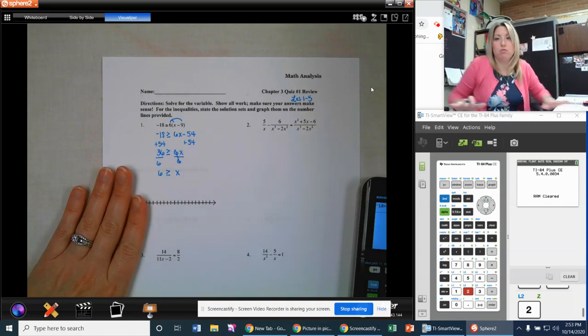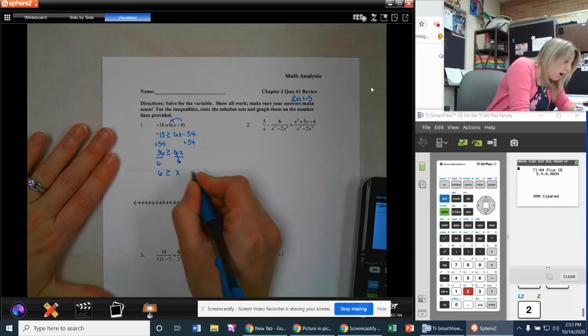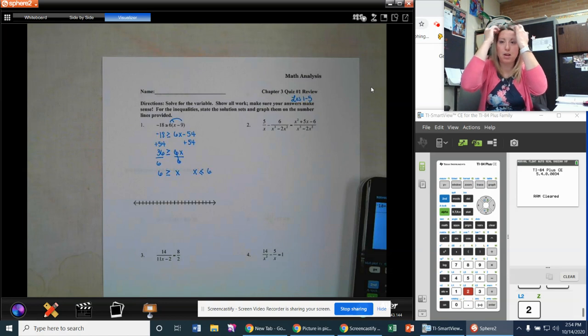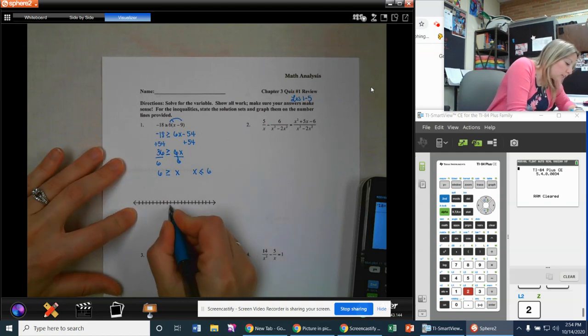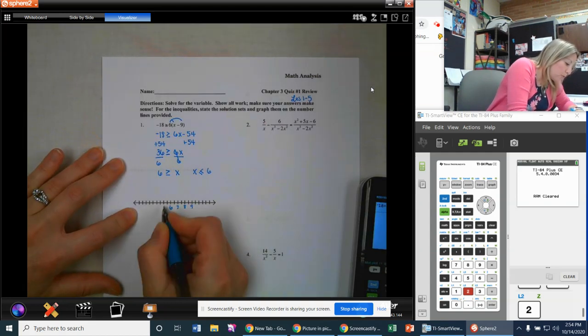I don't keep it in that order. I always put my variable on the left, so I'm going to just flip everything around, because saying it this way makes more sense to me to put my answer on the number line, which is x is less than or equal to 6. So 6 is my number in question. I'm going to put a couple of numbers on each side.